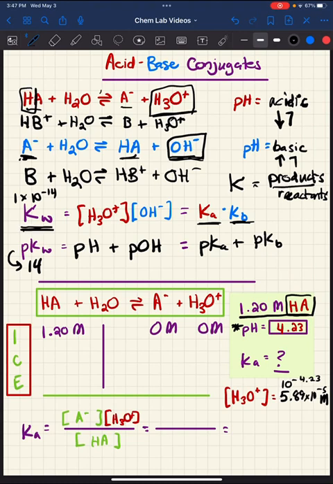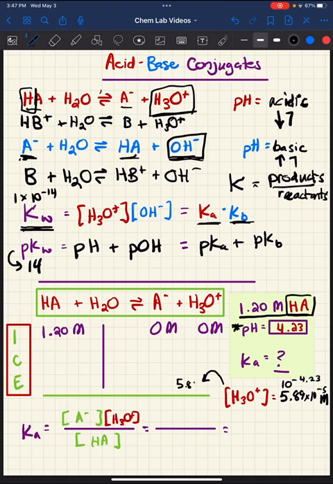So this value is actually an equilibrium value because you make your solution of HA. Some of this H comes off by reacting with water and makes hydronium. That just happens immediately and you have an equilibrium concentration. So I'm going to plug in this value for the equilibrium line of my ice table.